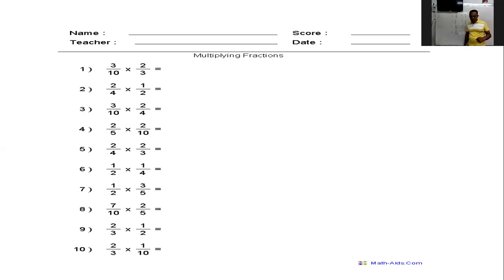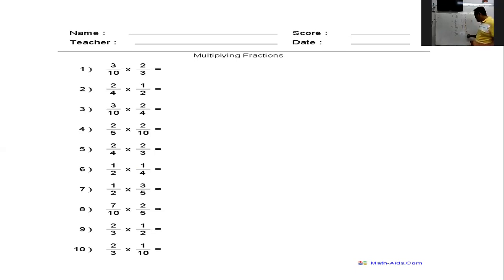Number 7, 1 times 3 is 3. Then we have what? 2 times 6 equals 12. Number 8, 7 times 2 is 14. Then the denominator is 10 times 5. 10 times 5 equals 50.